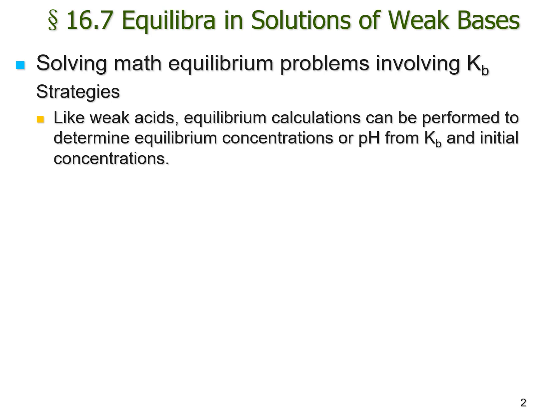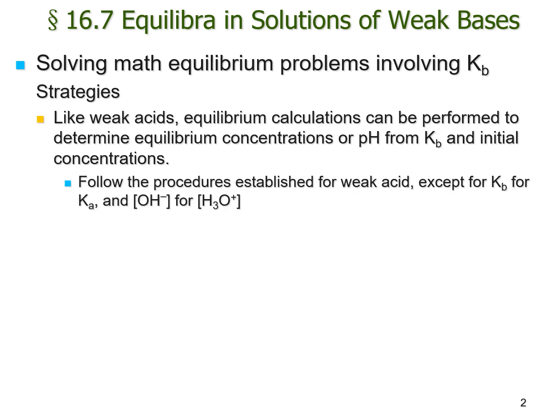So as a strategy, just like the weak acid, equilibrium calculation can be performed to determine equilibrium concentrations or pH from Kb and initial concentrations. Sounds familiar? Because if we switch the Kb with the Ka, that is exactly what we have done for the weak acid. So same strategy applied for Kb, of course with a few exceptions.